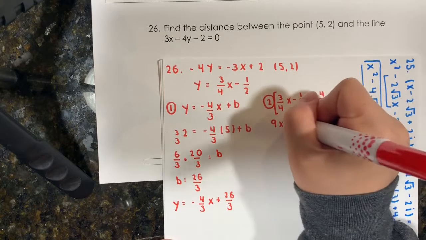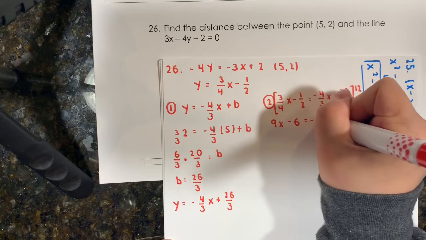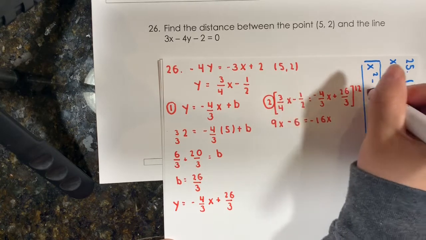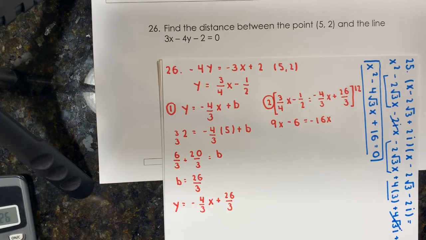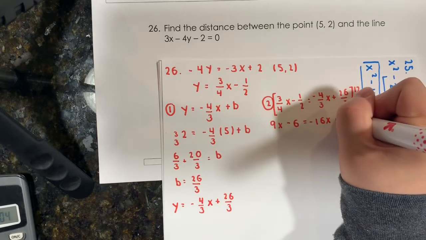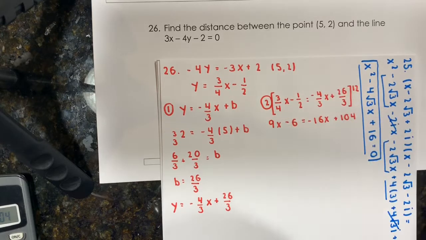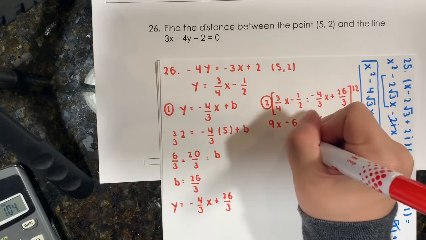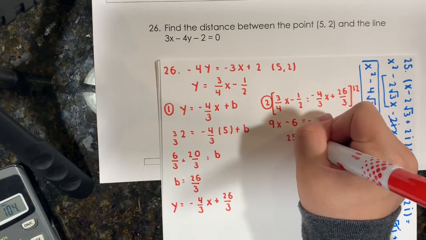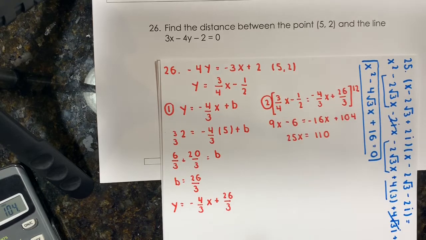This by 6, so minus 6. This by 4, so that would be negative 16x. That by 4, so 26 times 4 would be 104. So bringing the 16x to the left would be 25x equals 110.